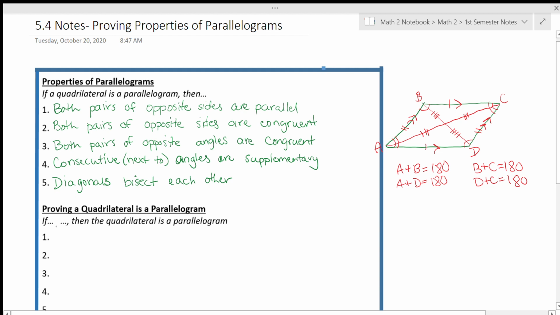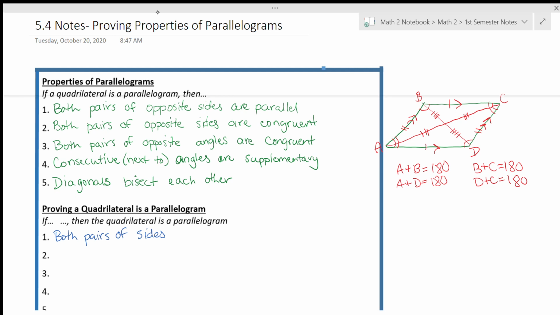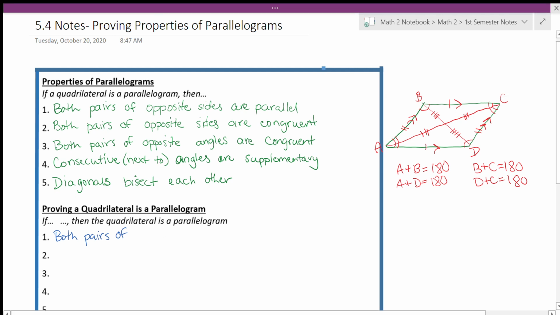So if a quadrilateral has both pairs of opposite parallel sides, both pairs of opposite sides parallel.